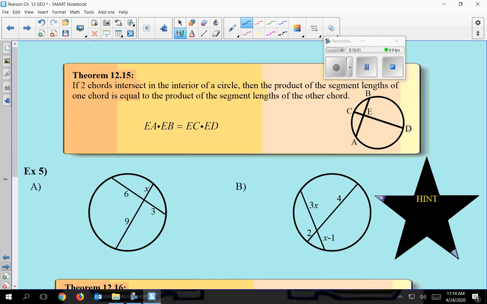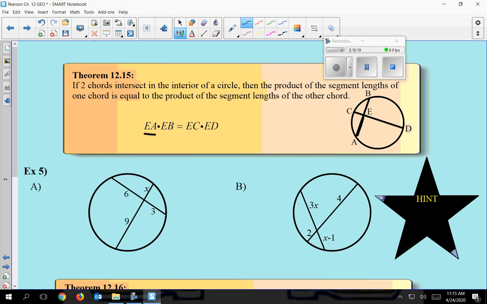Okay, next page. We have theorem 12.15. This deals with chords inside of circles that are intersecting each other, and there's a ratio between the lengths of each segment of a chord. So if you go to the example in the picture, you have the segment EA.